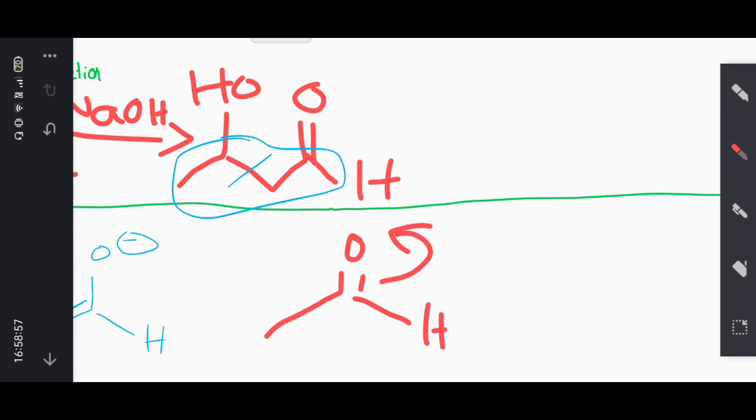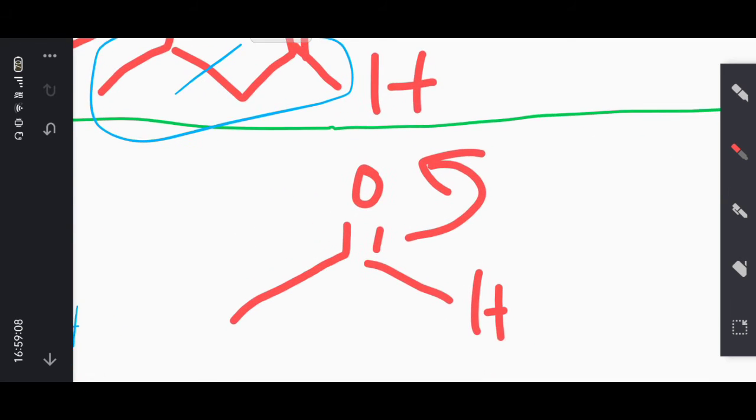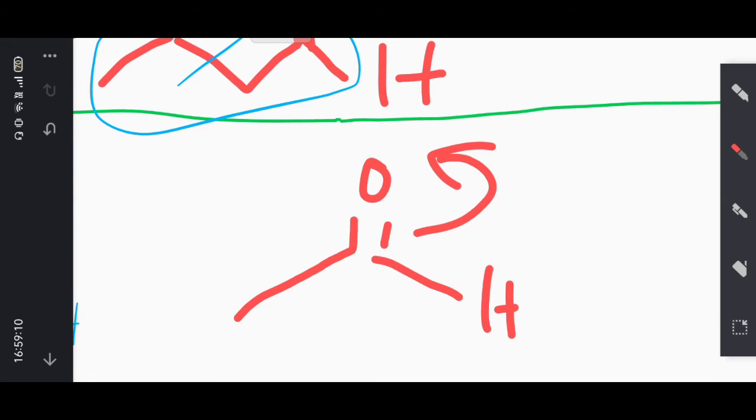The oxygen is very electronegative, so oxygen tries to pull its electron towards itself. The shared pair of electrons is pulled upwards, so this will create a slightly positive charge on the lower carbon atom.